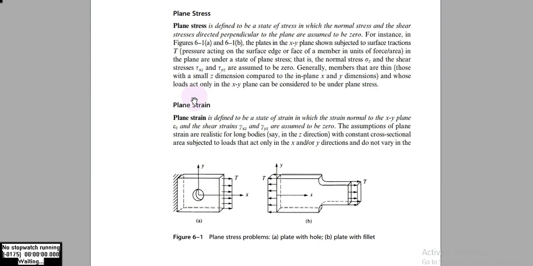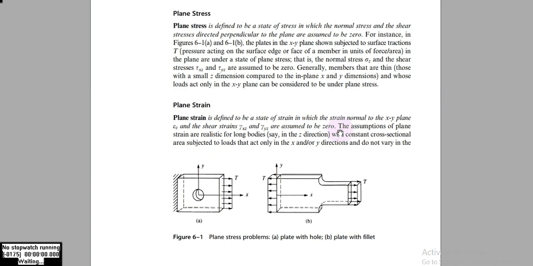similarly we can see what is plane strain. It is also defined as a state of strain in which the strain normal to the xy plane, that is epsilon z, and the shear strains in xz and yz, gamma xz and gamma yz, are assumed to be zero.